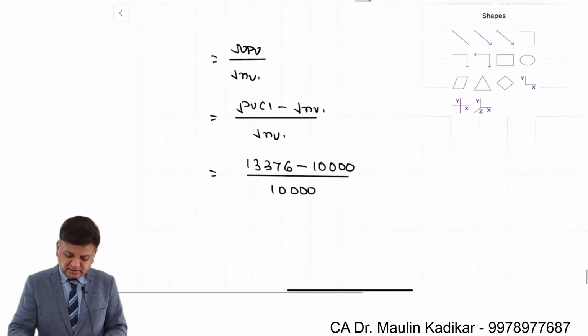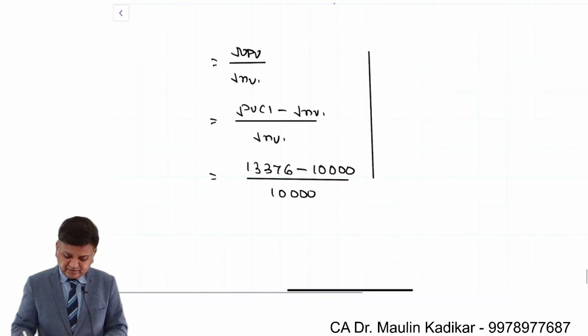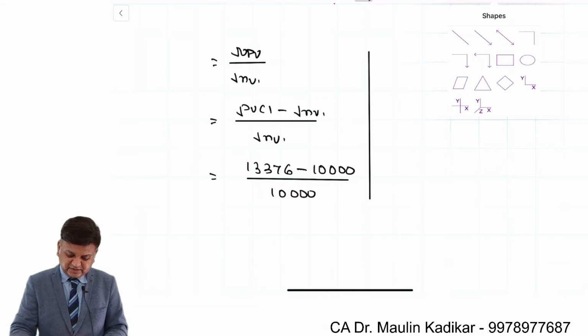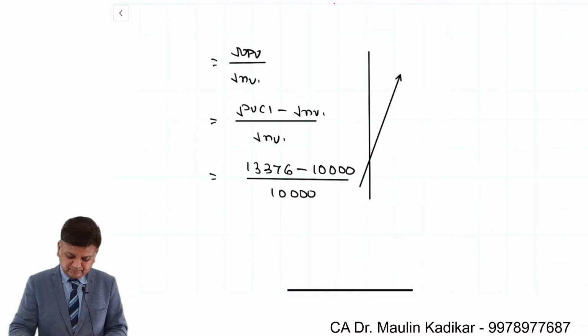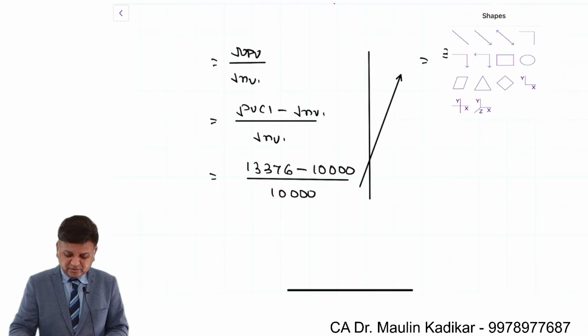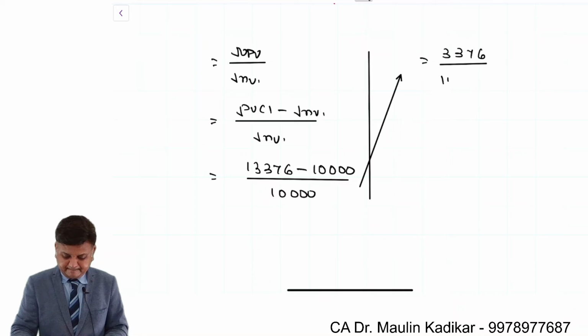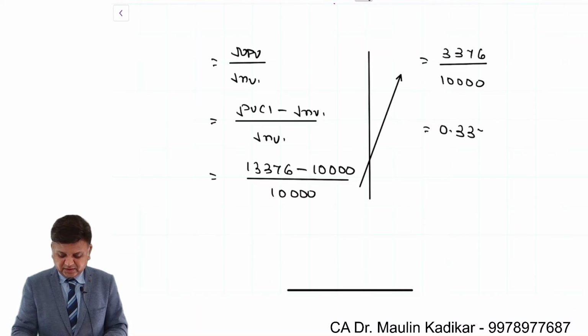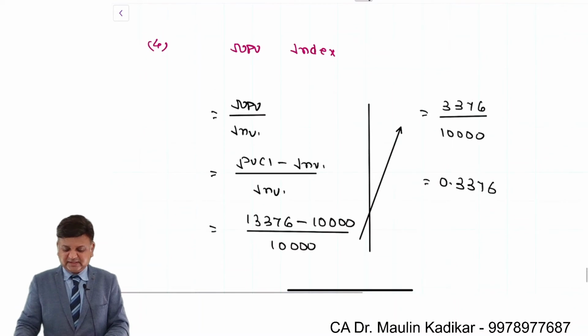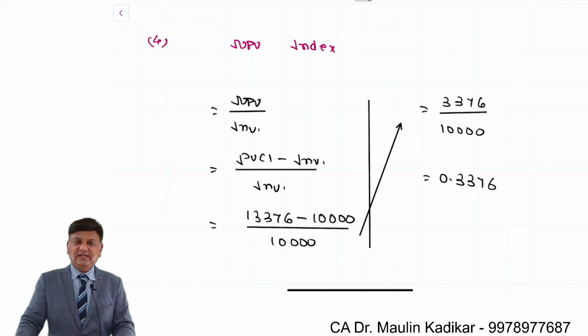The amount of the NPV of the project is 3376 upon 10,000. So it comes to 0.3376. This is the way NPV index is calculated. It indicates NPV for every 1 rupee of investment.